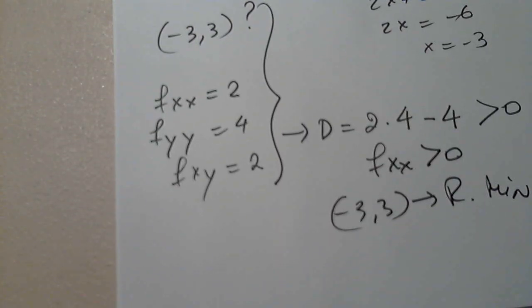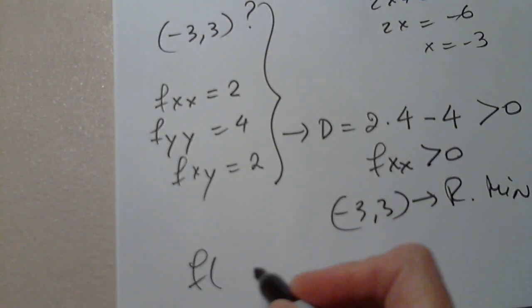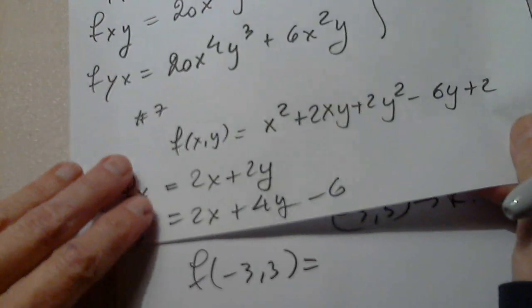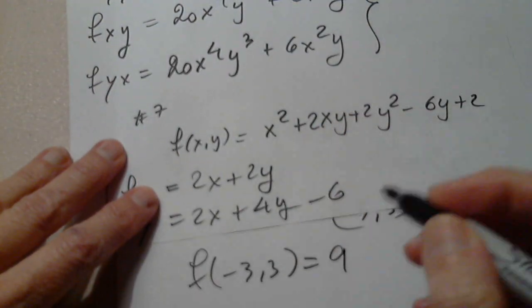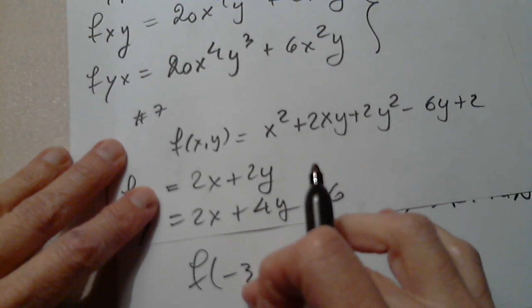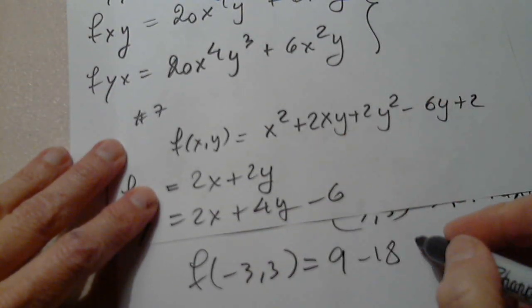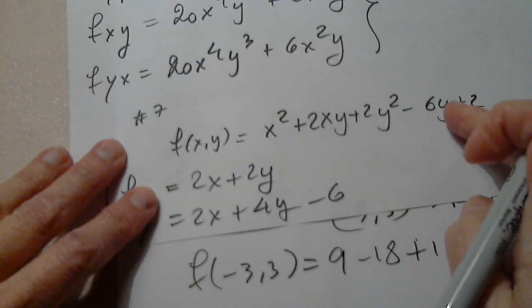That's the d-test condition for a minimum. If it were negative, it would have been a maximum. But this is positive, and this is positive, so it's a relative minimum. What is the relative minimum? It's f of -3, 3. So -3 squared, 9. -9 times 2, -18. 9 times 2, +18.